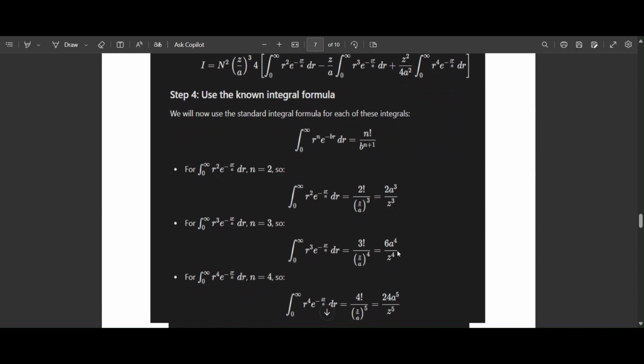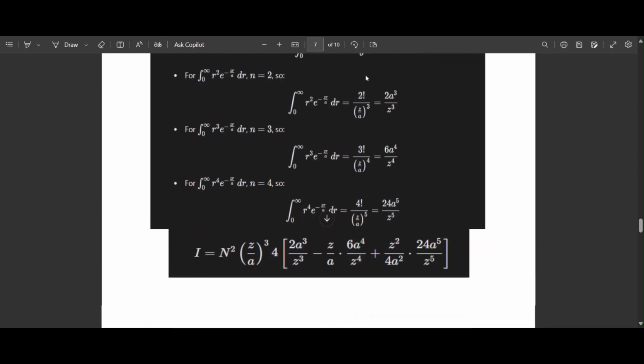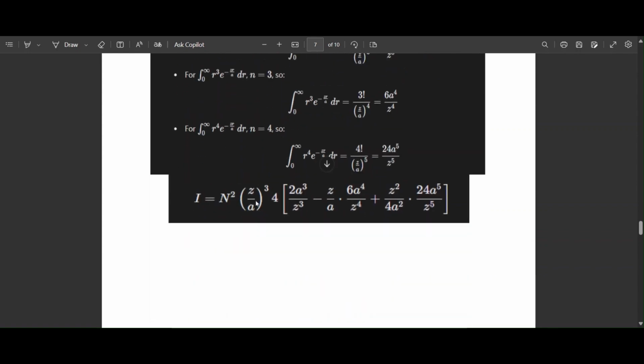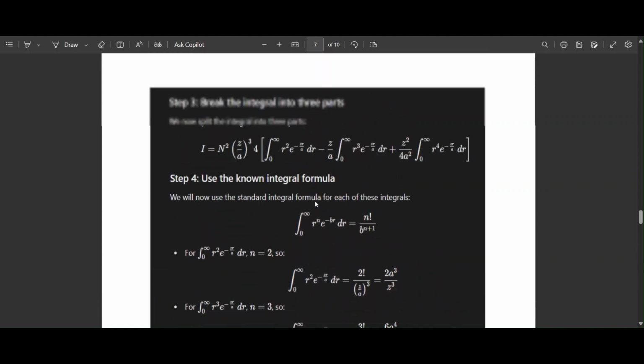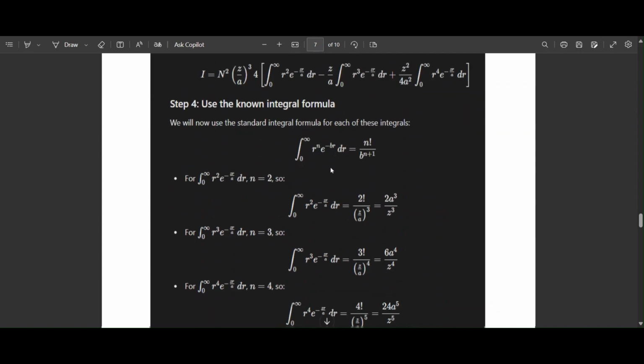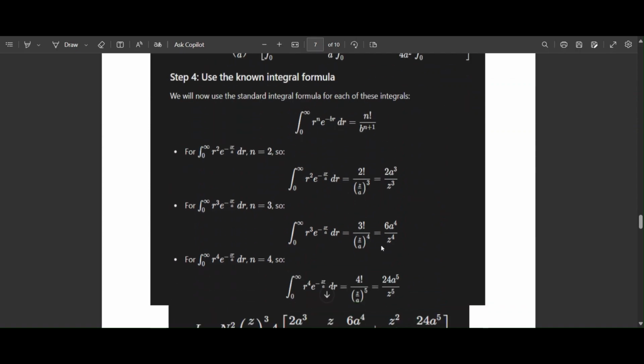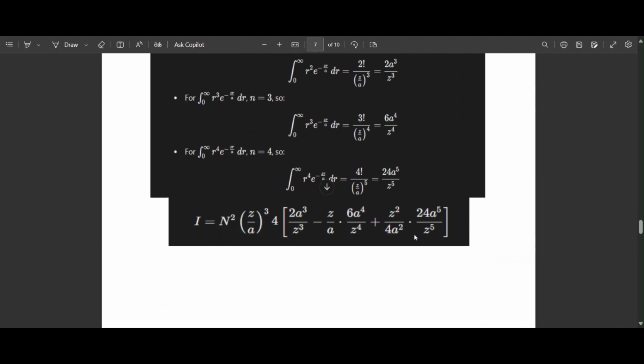Now you put these values in this equation, so I is equal to N squared Z by a whole cube times 4, and 2a cubed by Z cubed minus, look, Z by a was already here, and the integral came out to be 6a to the power 4 by Z to the power 4, and similarly this thing.